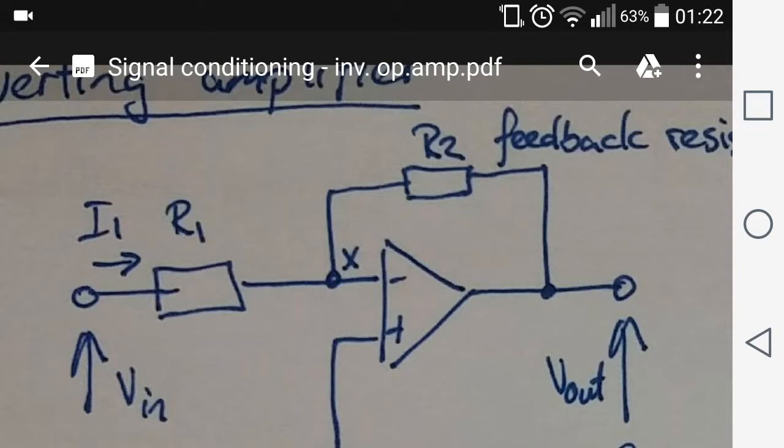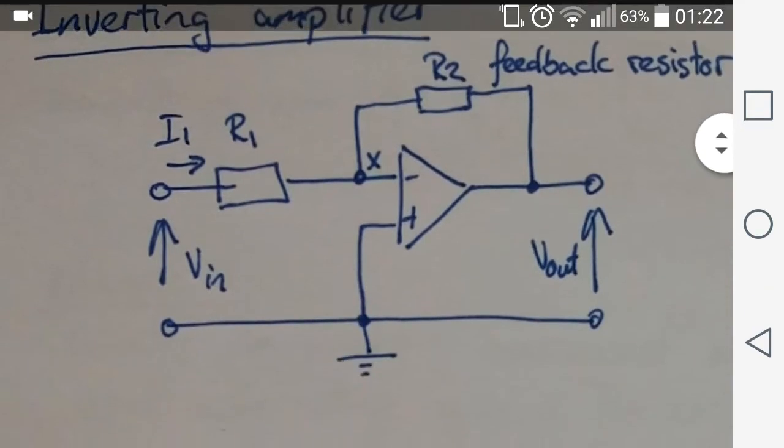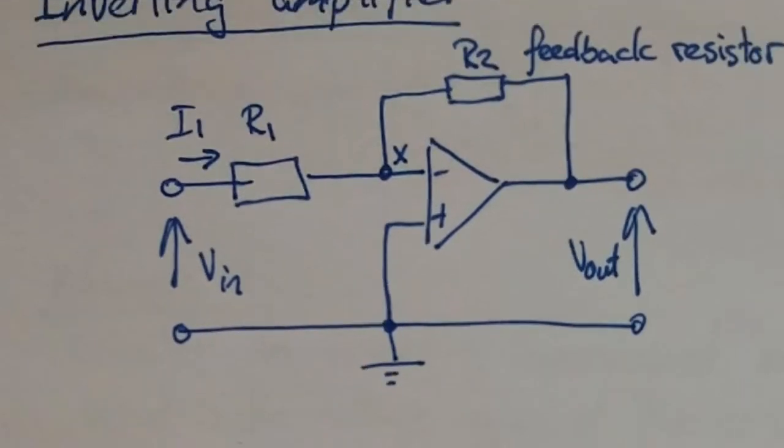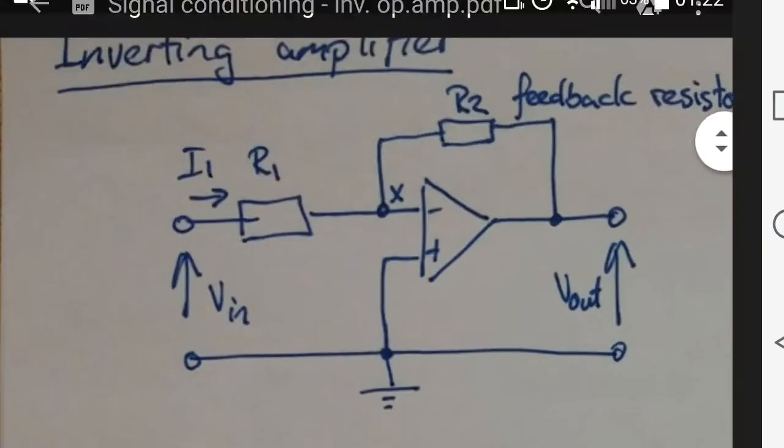This resistor is called the feedback resistor. And you have the input voltage, the output voltage, and the current I1.